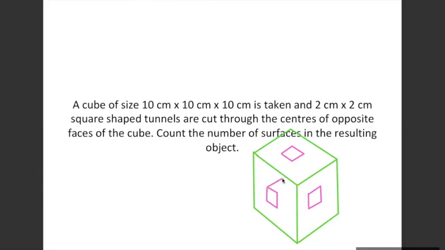So this tunnel, when it goes on till the opposite side, will be intersected by the top tunnel here, by the side tunnel, which is this.